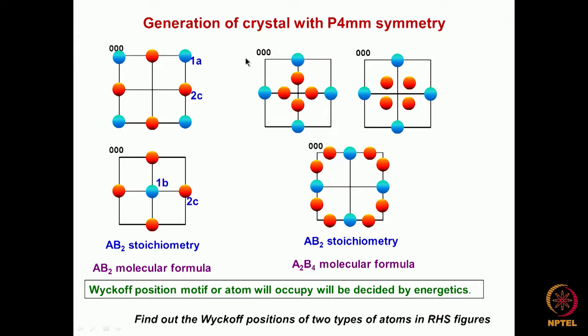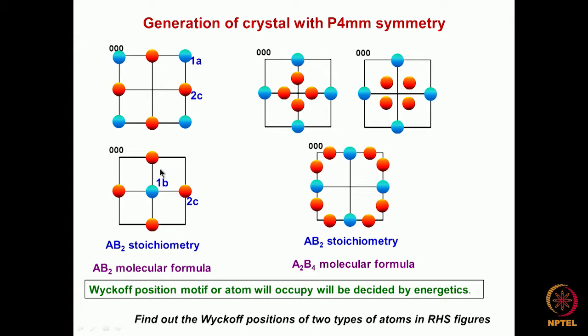Now, I had just shown in this transparency these possibilities which we have discussed. Here, if we consider an A atom occupying the corner and the B atom occupying the C position, that is the 1A position.